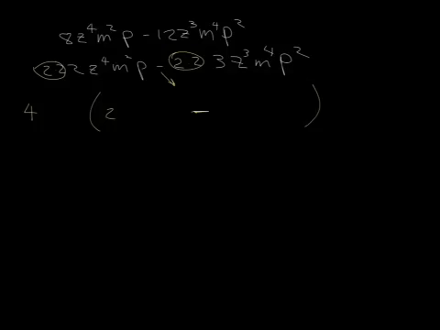And now I'm going to look at the z's. I've got 4 z's here and 3 there. So I've got 4 and 3, so that means what's common is the 3. And I have 1 left over. So I'm going to leave that there. I don't have any left over here. Oh, but I do have a 3 here. So let's look at the m's. I've got an m squared and an m to the 4th.